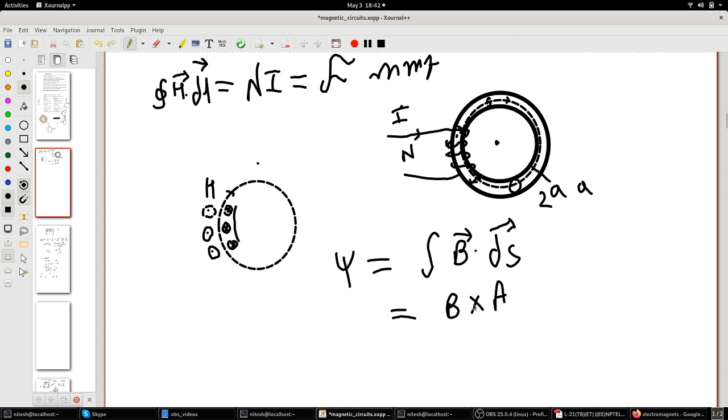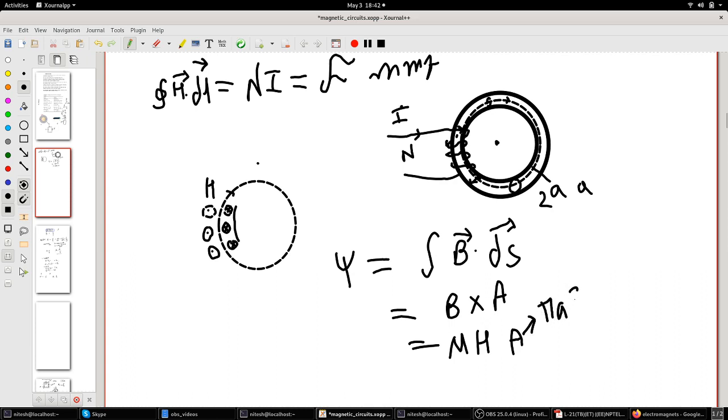So what you will get here is B is given as mu H into pi a square, or area. Now let's say the area is pi a square, we will not substitute it right now.